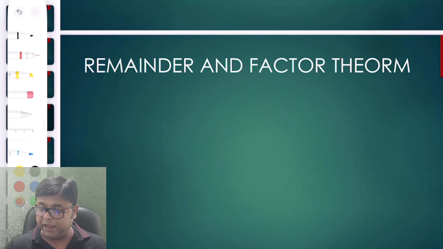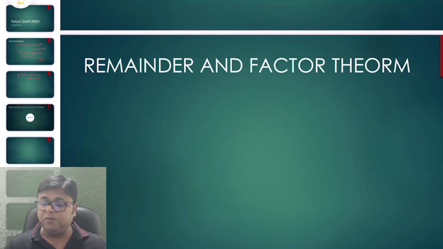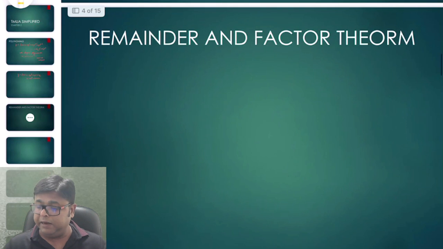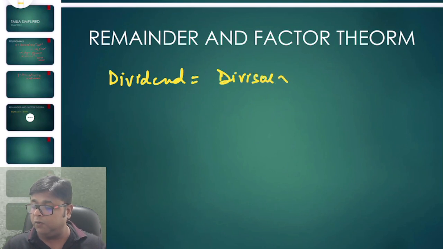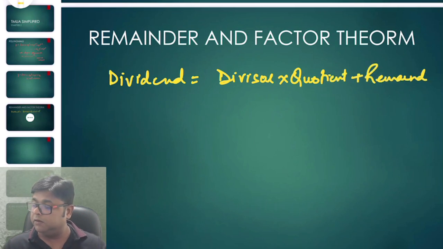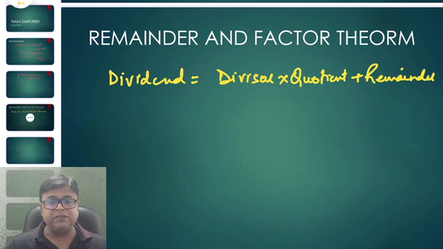In the number system, the remainder theorem is defined as: dividend is equal to divisor into quotient plus remainder. So this is how we express the remainder theorem. Now when is it used? It is used to find remainders, or it is also used to find factors.